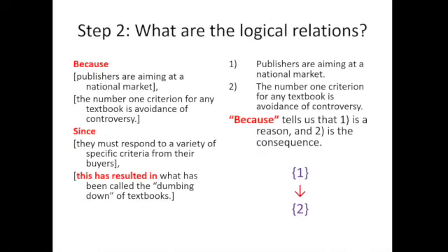Right, so let's take the first two here. Publishers are aiming at a national market, and the number one criterion for any textbook is avoidance of controversy. The word because, again, tells us that one is the reason and two is the consequence. So when we make the diagram, we're just going to write one to represent the first proposition.